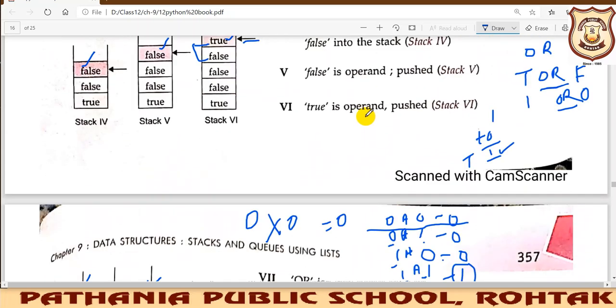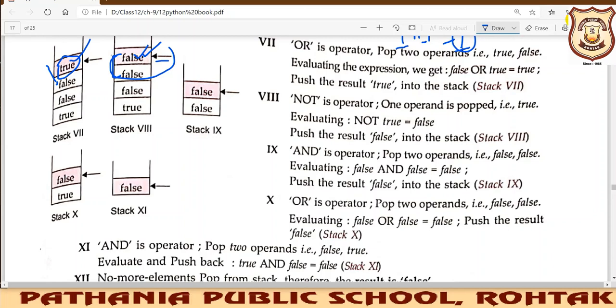OR, truth table of OR, I am also giving that. OR says when 0 or 0, so what it will give you? 0. When you give 0 or 1, it will give you 1. 1 or 0, it will give you 1 again. 1 or 1, it will also give you 1.